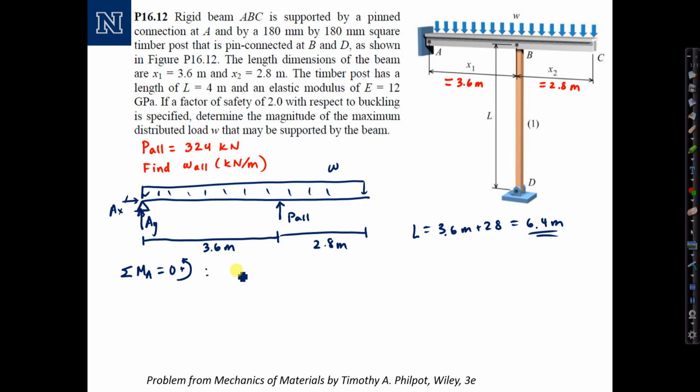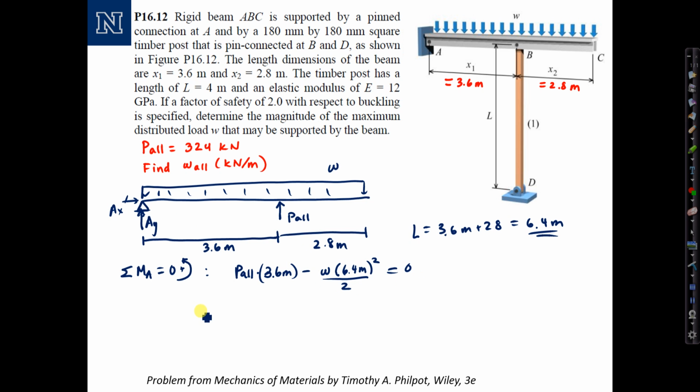I have P allowable times the distance from A, 3.6 meters, minus W times the total length of the beam to give the total force, times the length over 2 to get the arm. I just like to abbreviate this as W L squared over 2. So W times 6.4 meters squared over 2. Set that equal to 0.